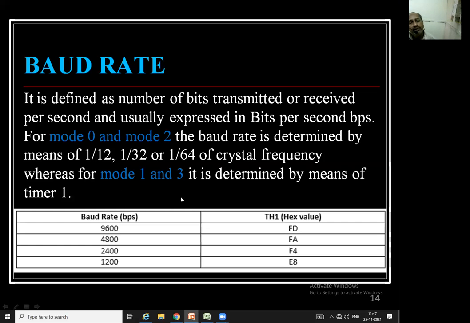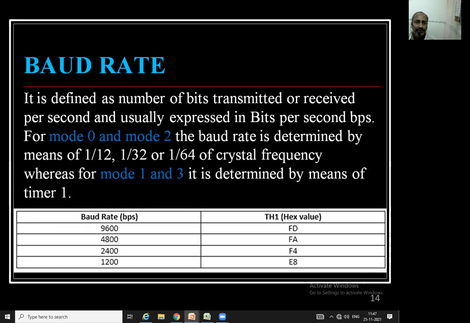After that, the important thing, that is the baud rate. What is the baud rate and how is it calculated? So that is important over here. Baud rate is defined as the number of bits transmitted or received per second, and usually it is expressed in bits per second, BPS, that is the short form.